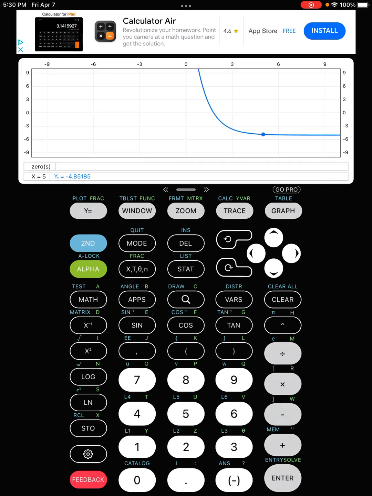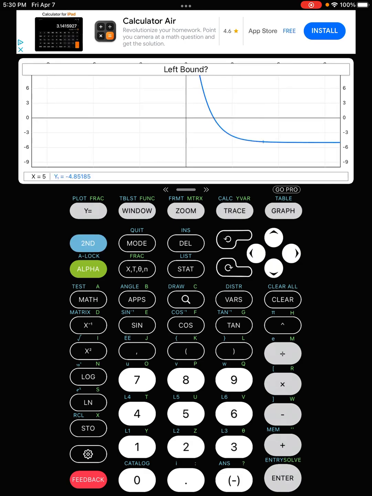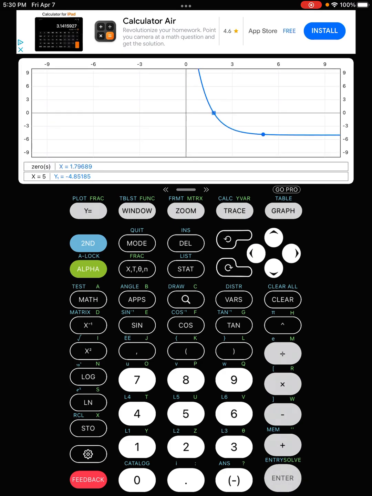Hang on a second, let me start that again. Left bound, I'll say 0. Right bound, 5. All right, and I think it's telling me 1.79, so we'll say 1.8, basically. And the other one was 31.